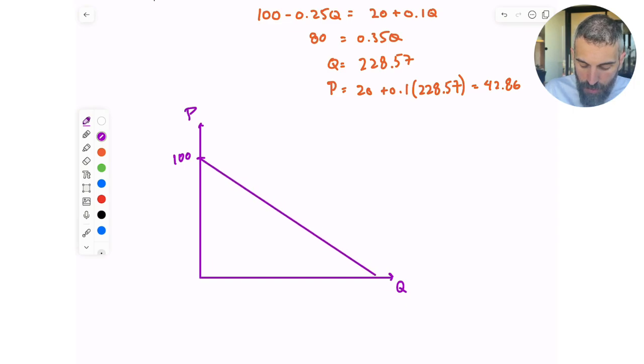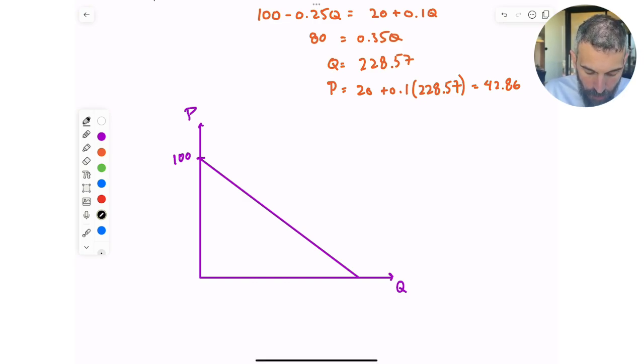And you know that it slopes downwards. And you know that it's going to cross the point 228 and 42.86, right? So if 42.86 is roughly here, again, it doesn't have to be perfect. And then we'll say that this point right here is 228.57.